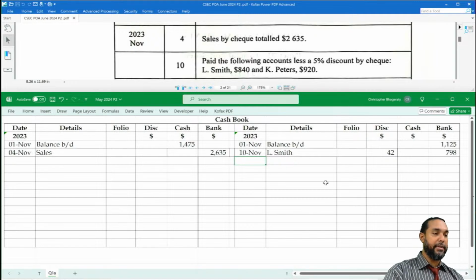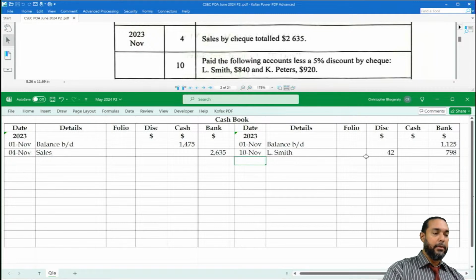Now after that, we have K. Peters. So again, we paid K. Peters less 5% discount. This is a cash discount. Now we're paying by check, and that's fine. We can still get a cash discount if we pay by check. So 1/20th of that is 46. 920 minus 46, so that's 900 minus 26, which is 874.